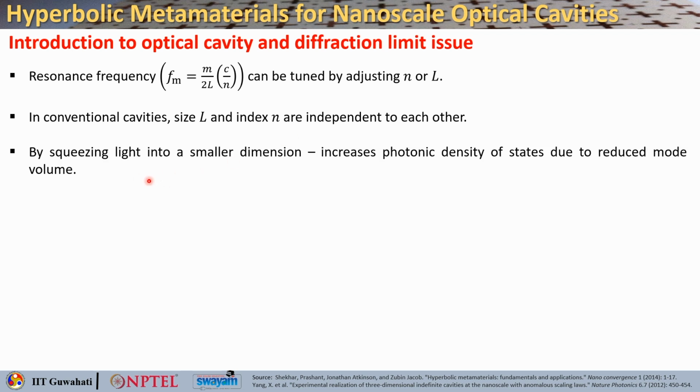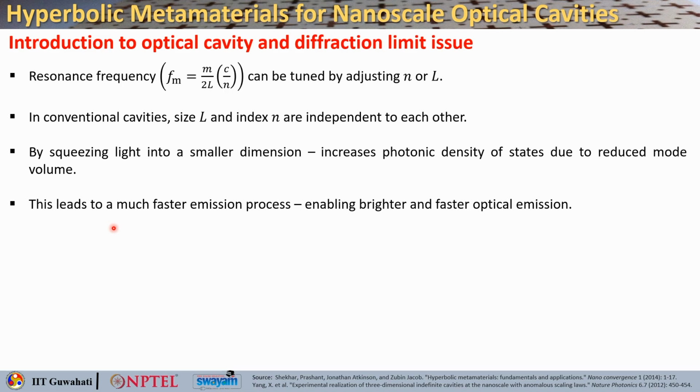By squeezing light into a smaller dimension, it increases the photonic density of states due to reduced mode volume. That leads to a much faster emission process, enabling brighter and faster optical emission, right. This independence is something that will be different in the case of metamaterial based cavities, which we will be discussing later.